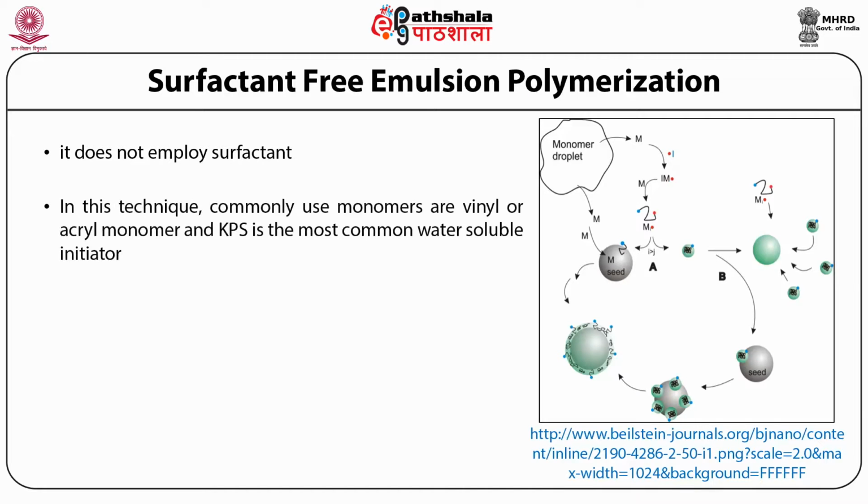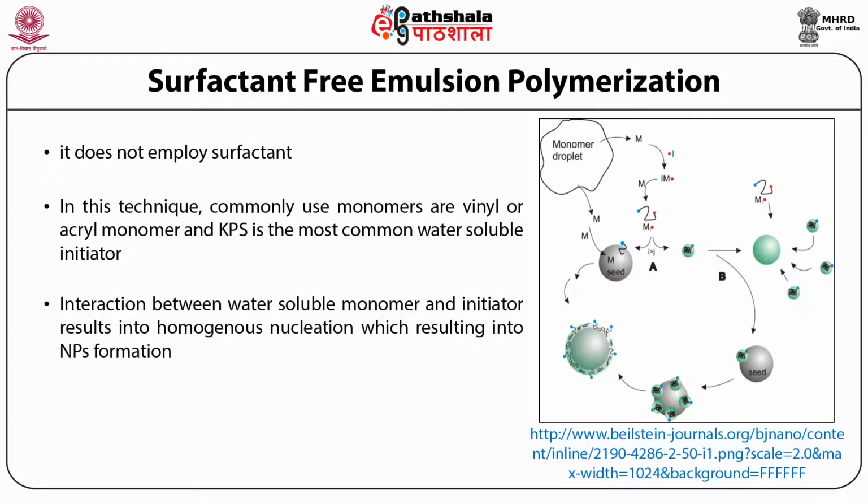In this technique, commonly used monomers are vinyl or acryl monomers, and potassium persulfate is the most common water-soluble initiator. Interaction between the water-soluble monomer and initiator results in homogeneous nucleation, resulting in the formation of nanoparticles.